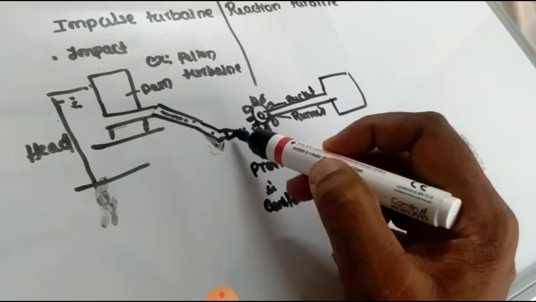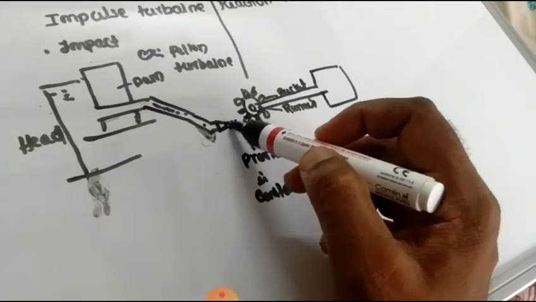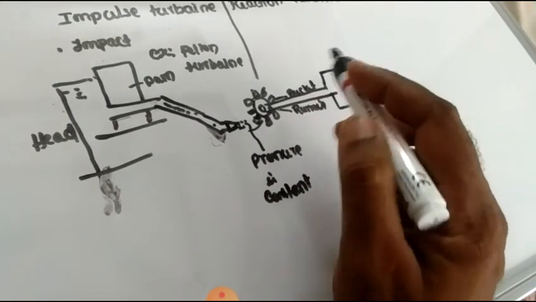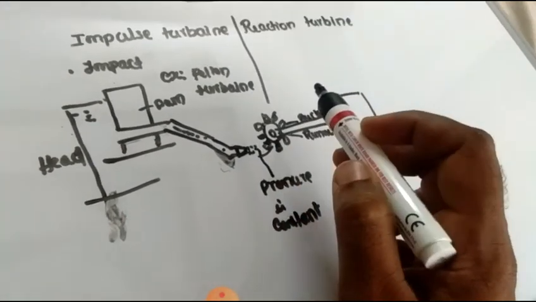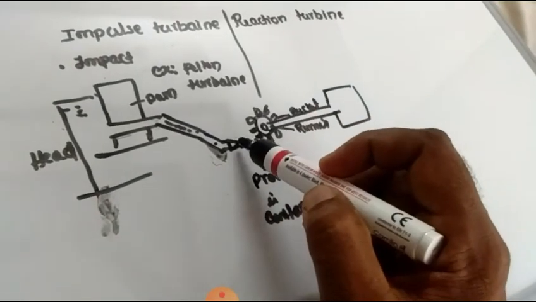All the pressure is converted to kinetic energy, and the nozzle decreases the area and increases the velocity.